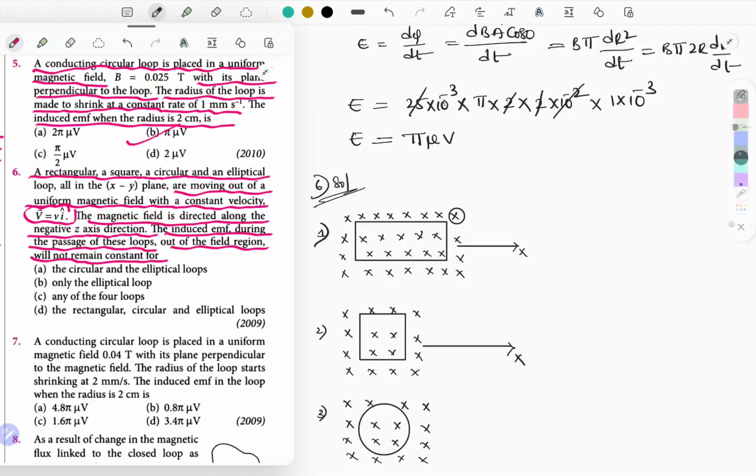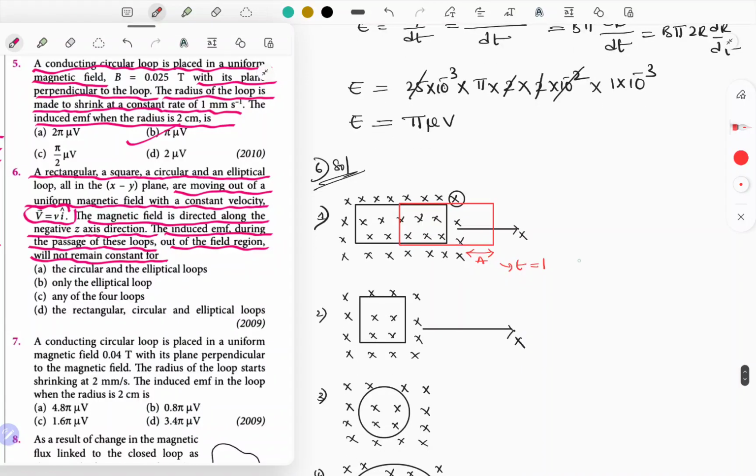That means, observe this diagram. Imagine now the loop is at this position. So this much amount of area came out. Let's say in 1 second, this much amount of area came out. Then after 1 more second, will same amount of area come out or a different amount of area? Same amount of area will come out.